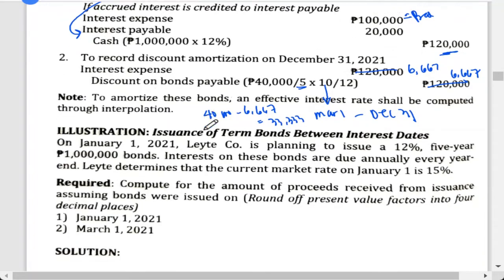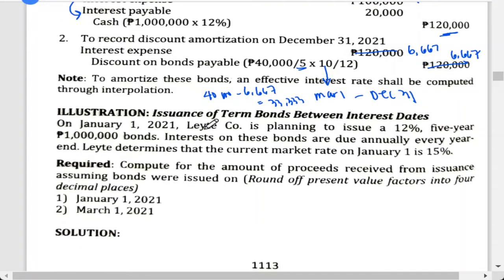Okay, now let's go to another illustration, still on the issuance of bonds in between interest dates. So you have issuance of term bonds. Term bonds again, lump sum payment of principal or one-time payment of principal. On January 1, 2021, Leyte Company is planning to issue a 12% 5-year 1 million bonds.